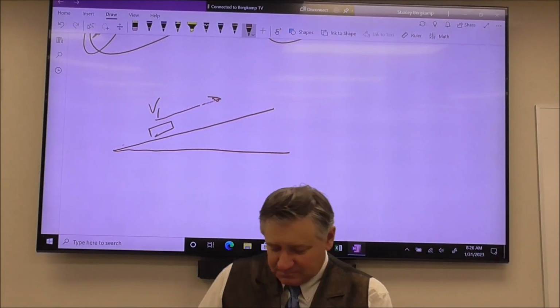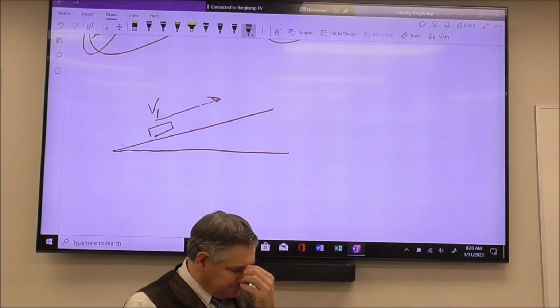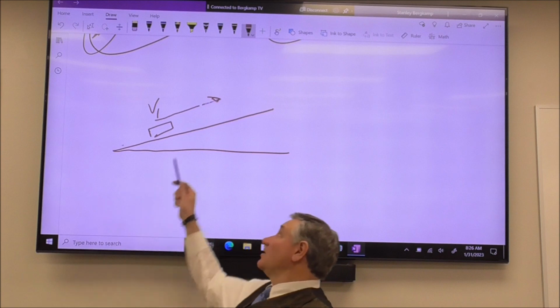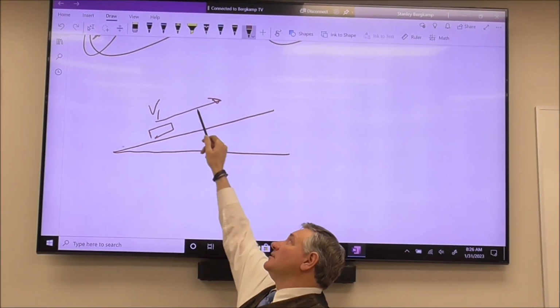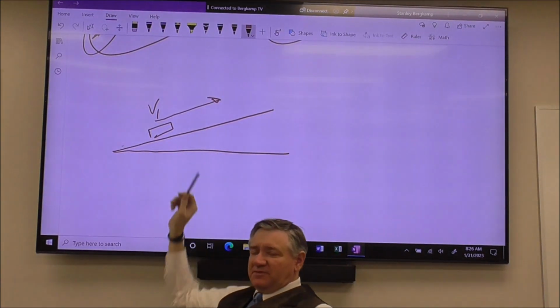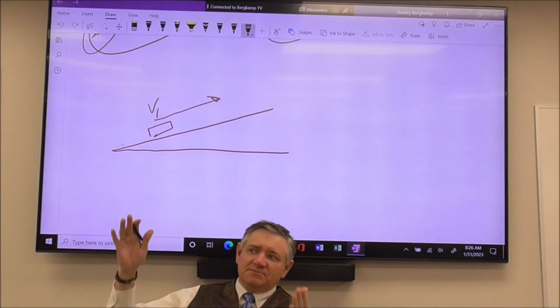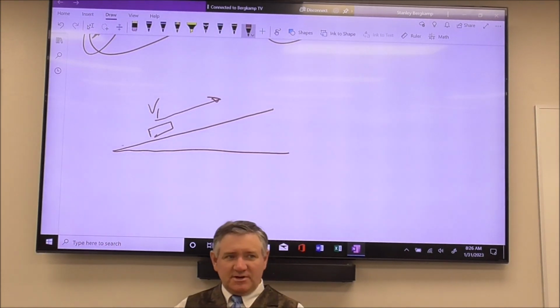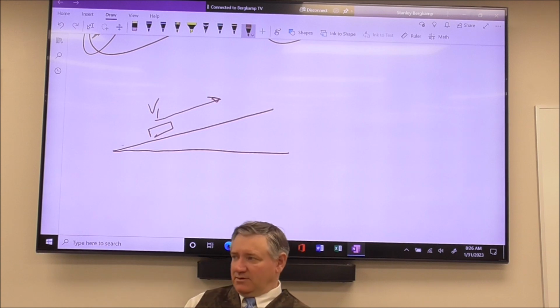So, one of 3 things actually is going to happen as the cart goes up the hill. Option number 1, as it goes up the hill, the velocity vector just stays the same. It's going to stay the exact same length and point in the exact same direction, which indicates that this thing has constant velocity going up the hill.